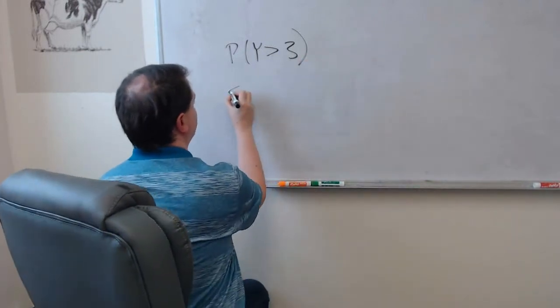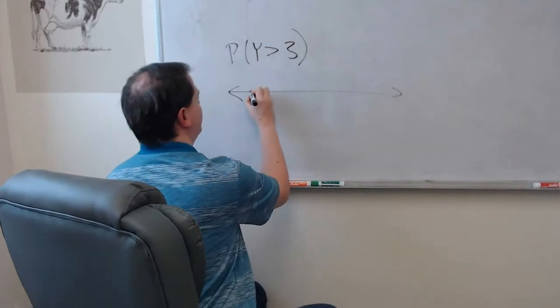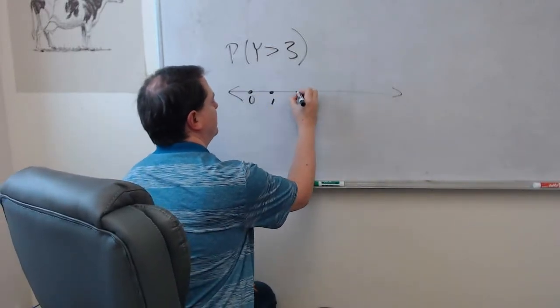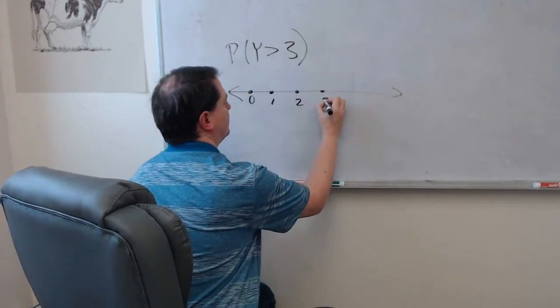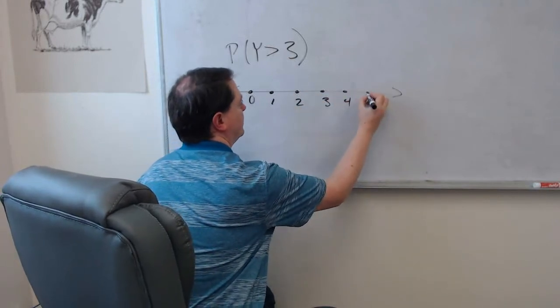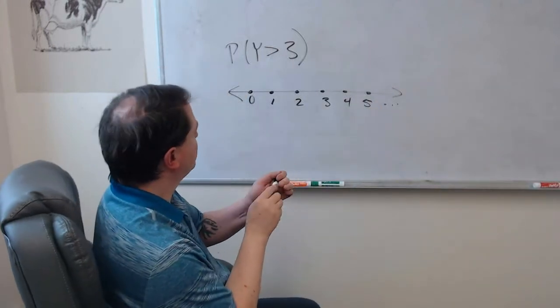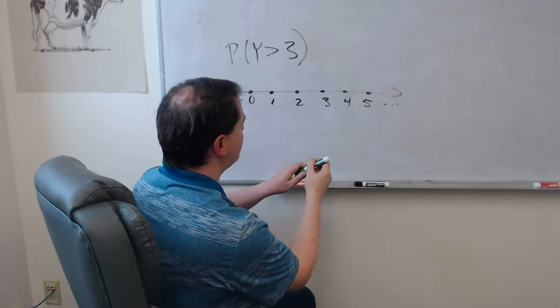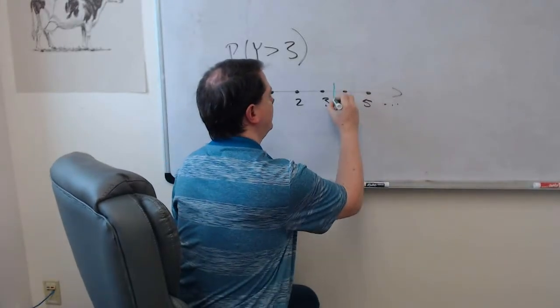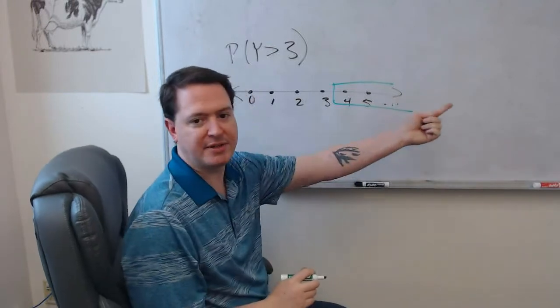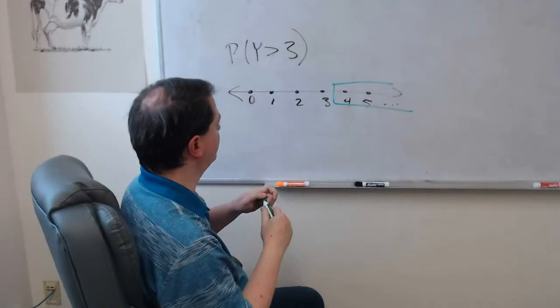So let's look at a number line. And again, we're counting here, so we start at 0. That's the lowest I can have. Then 1, 2, 3, 4, 5, right, so on. All right, so the probability that we're more than 3 would mean all of these, right? More than 3 would mean 4, 5, 6, 7, 8, 9, and so on.